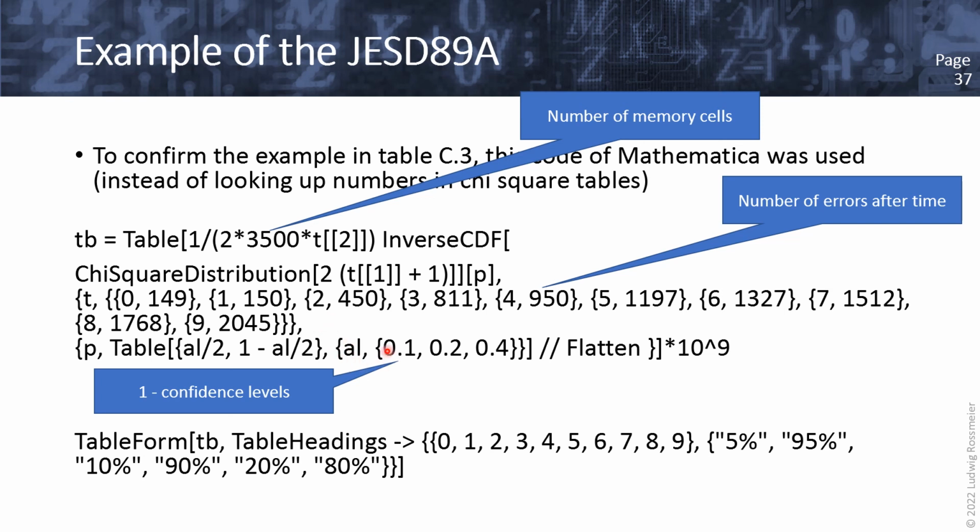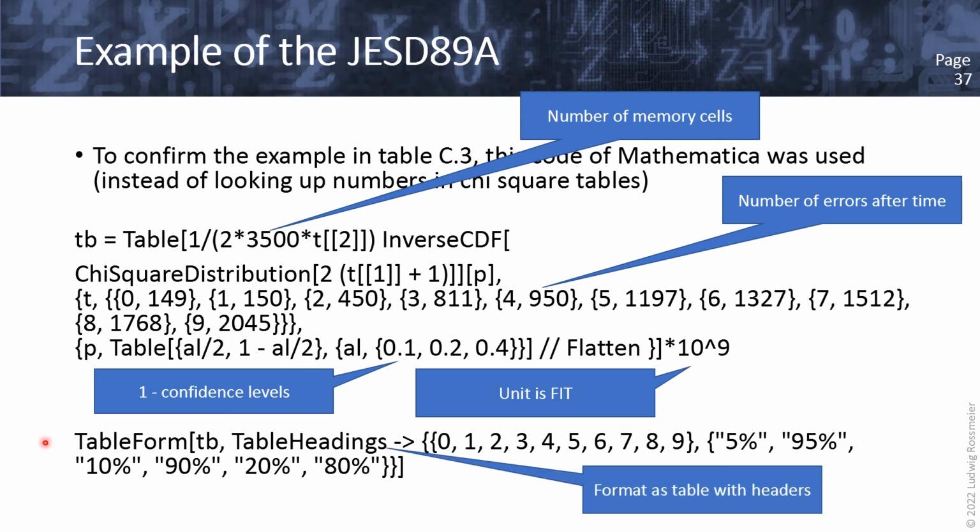Then I used different values for alpha. Alpha is 1 minus the confidence level. That means the confidence level was 90%, 80%, and 60%. I multiplied the whole result with 10 to the power of 9. This is because the unit in the end is FIT.